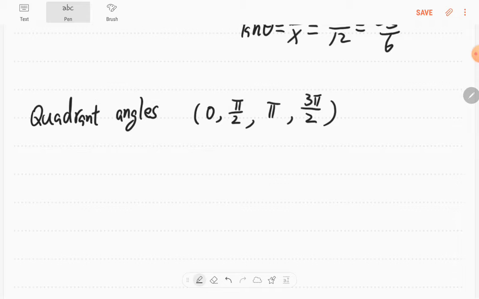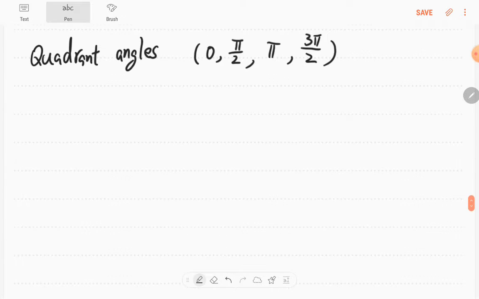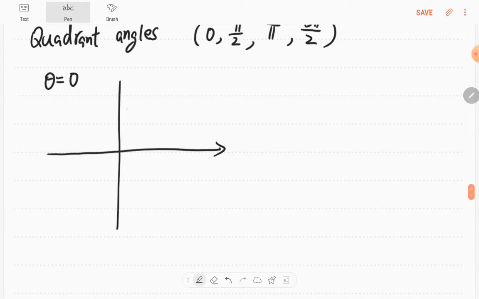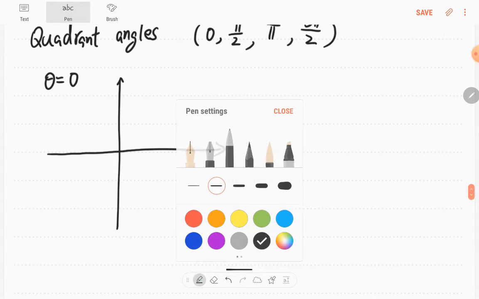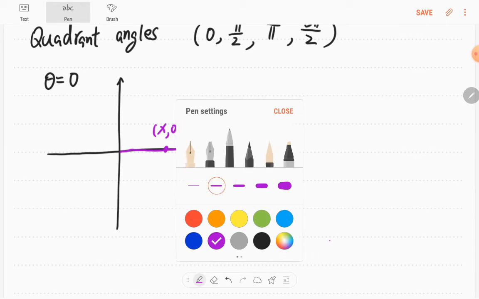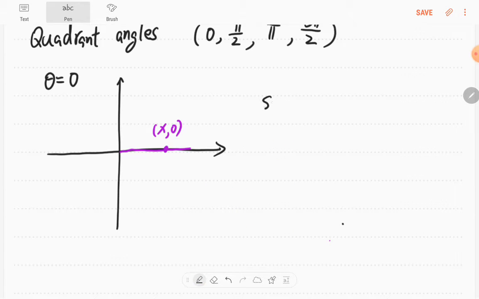Now let's look at theta equals 0. That means the terminal side is on the x-axis; the initial side and the terminal side are both here. We pick an arbitrary point on the terminal side, with coordinates x, 0.